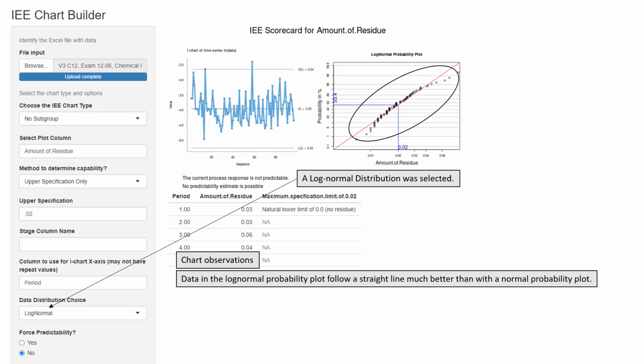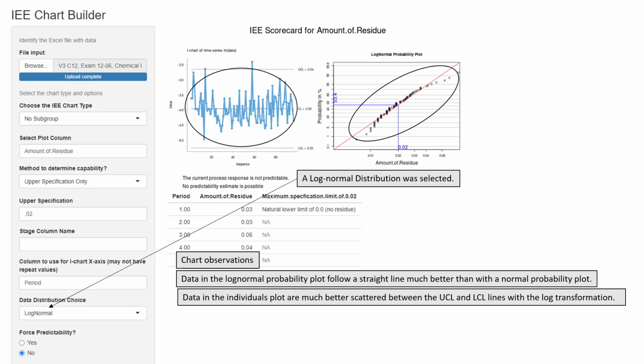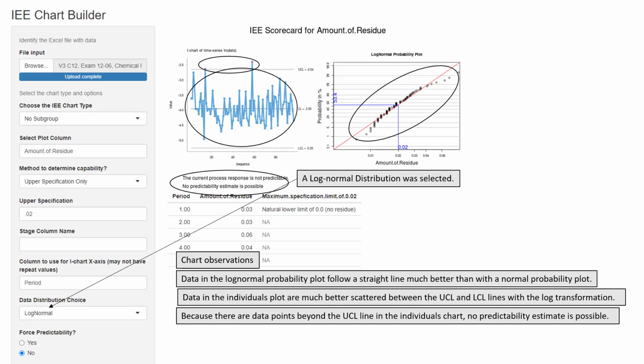Chart observations. Data in log normal probability plot follow a straight line much better than with a normal probability plot. Data in the individual's charts are much better scattered between the UCL and LCL lines with the log transformation.